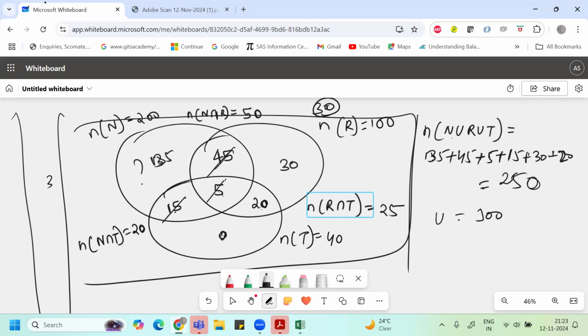So how many elements are there which are neither part of newspaper, neither radio, neither television? That would be 300 minus 250, that would be 50. Clear? Thank you, Arun. Previously, you understood, no?